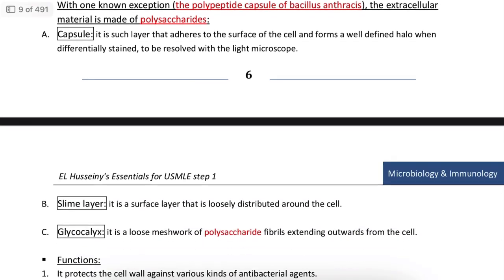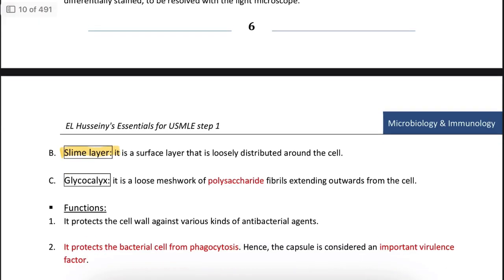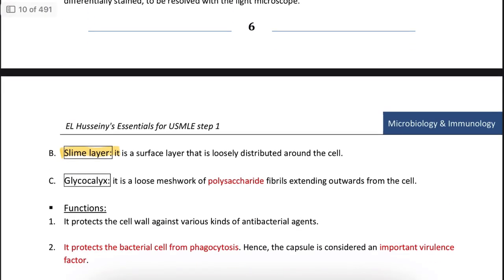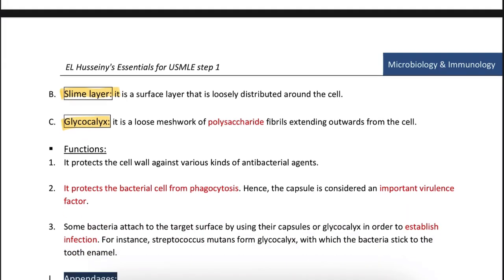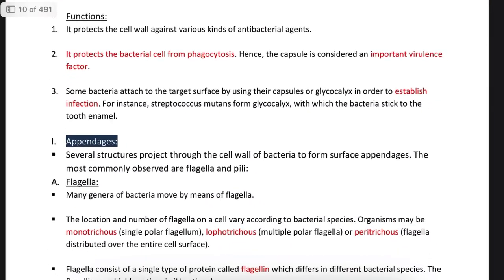Among the related structures, we can see the slime layer. The slime layer is a loosely attached, unorganized version of the capsule. Next one, glycocalyx. The glycocalyx is a mesh-like polysaccharide matrix extending outward, important for adhesion. Next one, functions.